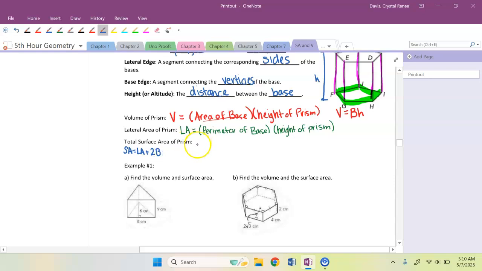Okay, so surface area will be the lateral area, which is the perimeter of the base times the height of the prism, plus 2 times the area of the base. Okay, these are the formulas that you really need to know.